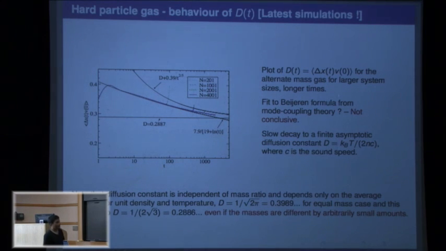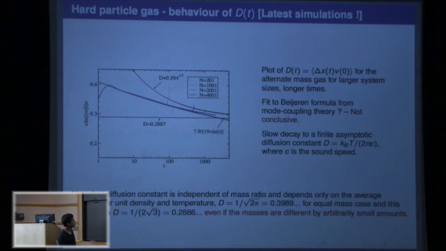So, in these units, what is the equal mass diffusion constant? The equal mass is this one, 0.39, 1 over square root of 2 pi. So that's somewhere here, and this one is this value. But the 0.39 divided by e to the 2, at large times this goes to 0, so it just goes to this constant.